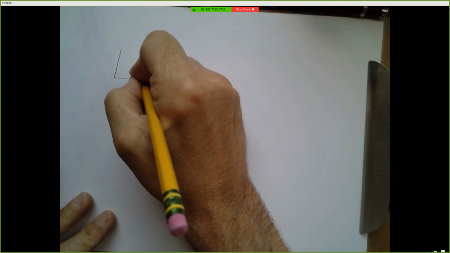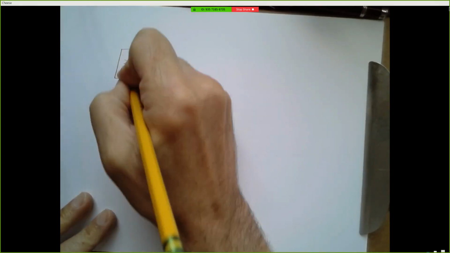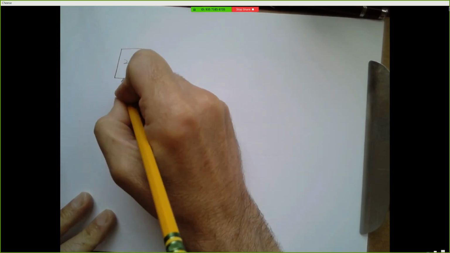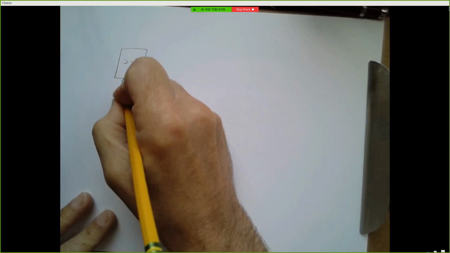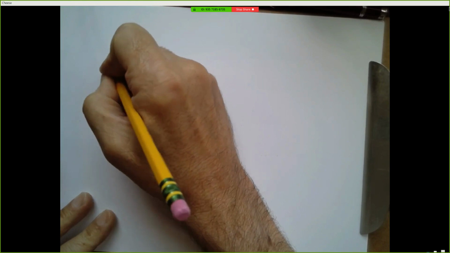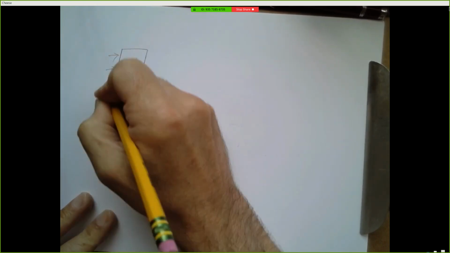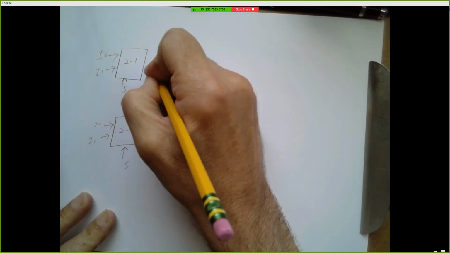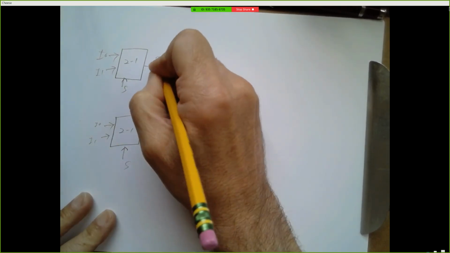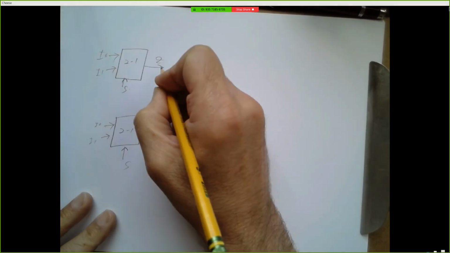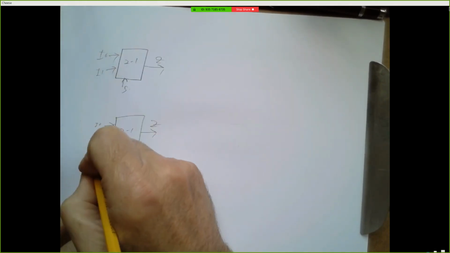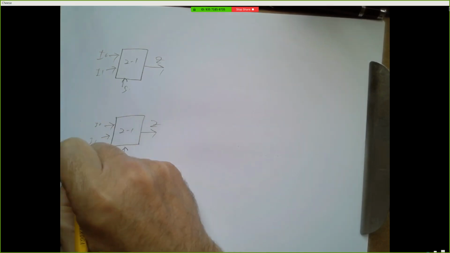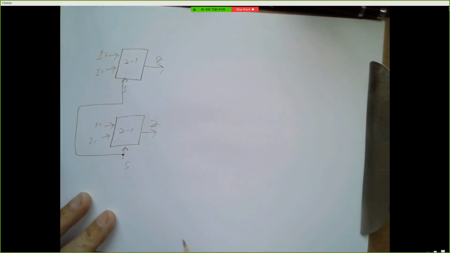Okay, so let me just show you a trick. Suppose we have a 2 to 1. And suppose we have another 2 to 1. And we have a select line on here. And so we're going to select one of these two inputs to pass to our output, and one of these two inputs to pass to our output. And let's suppose that this is the same select signal.